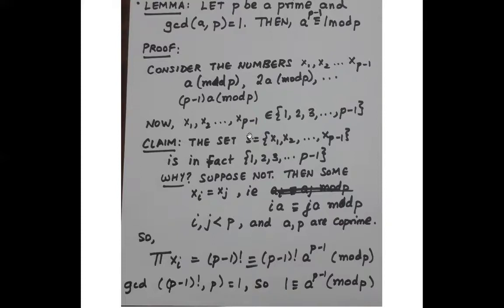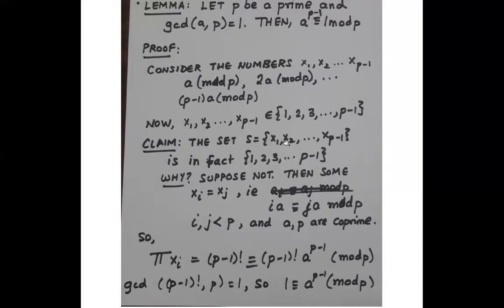So when can this set not be the same? The only case is if two of these numbers are equal. If two are equal, they will not form this full set of integers. So that's the argument for proving this claim.